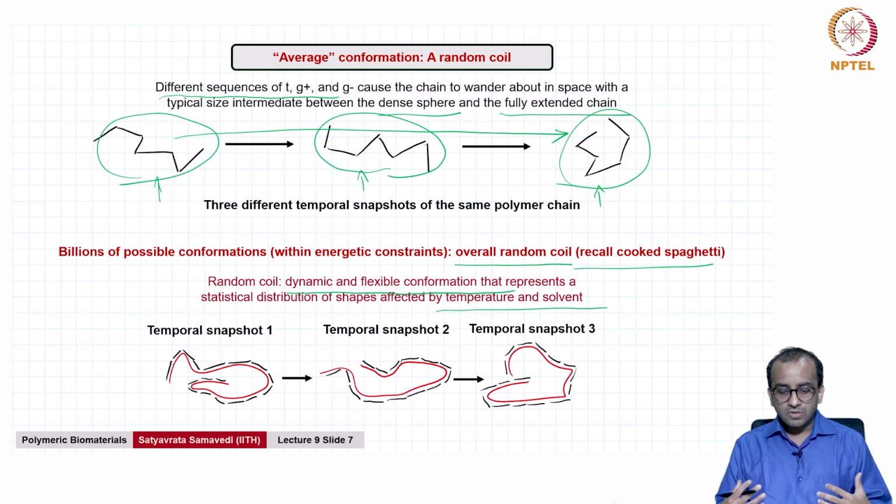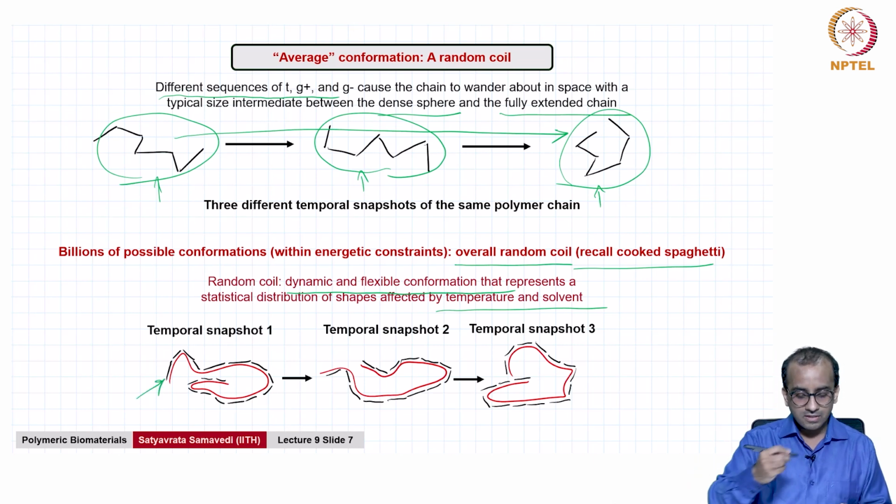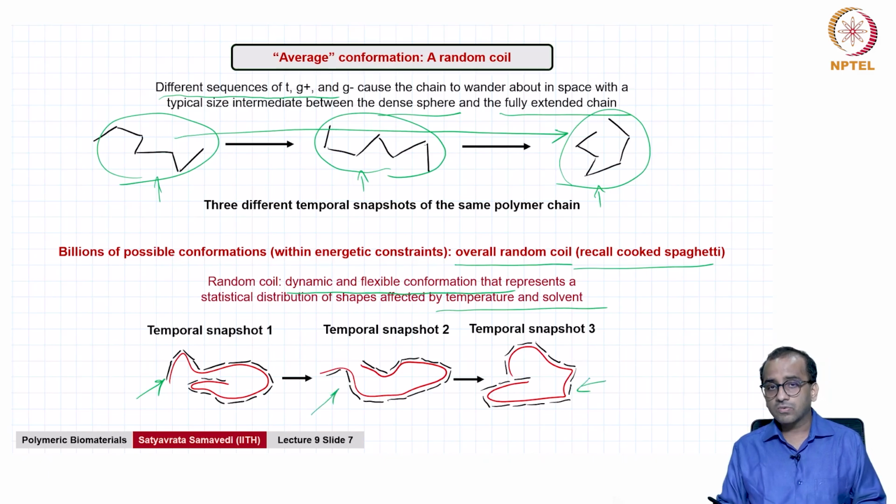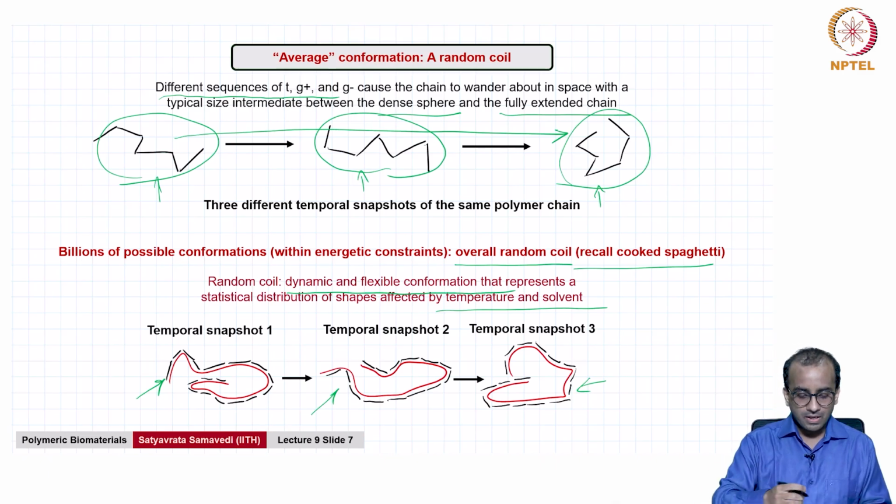So, if you think about that same chain now, if you zoom out a bit and do not focus so much on the links, but look at the chain as a whole, in one instance it could look like this, in another instance it could look like this, in a third instance it could look like this. These are all what we would consider random coils, which, remember, would be dynamic and flexible; they are continuously changing because of the solvent and the temperature.